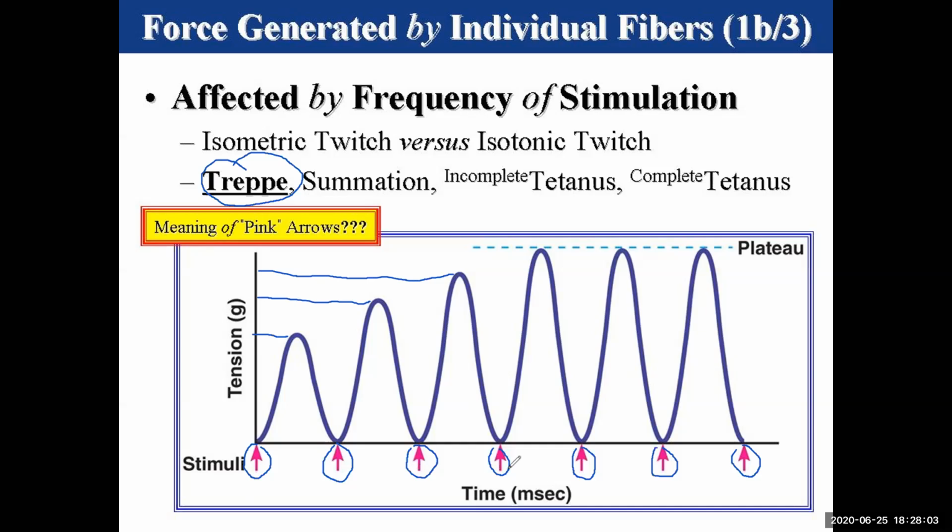And by the fourth application, it peaks out. So this is the plateau here. This is the first application, the second, the third, and by the fourth, the fifth, the sixth, and the seventh is not shown, but it plateaus out.